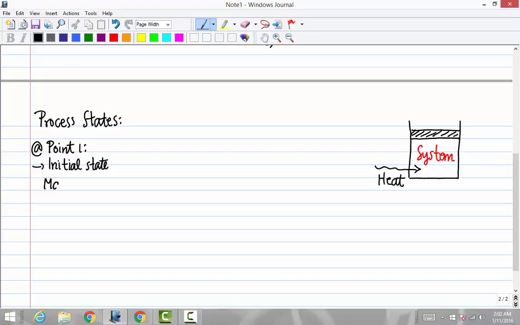The material, again, we need to know the material to go to the corresponding table, is water. And it says a piston cylinder device initially contains 50 liters. So volume is 50 liters in the beginning. Temperature is 40 degrees C. And we know the pressure as well, which is 200 kPa.